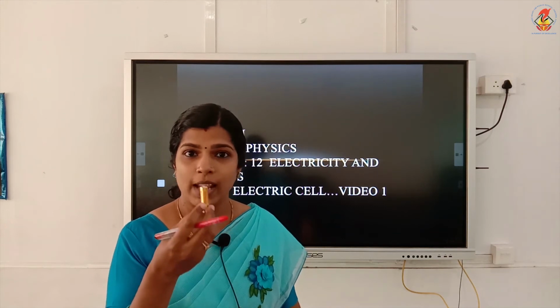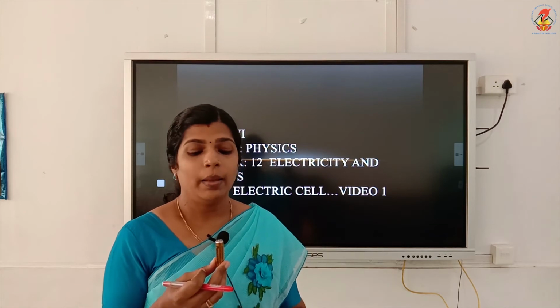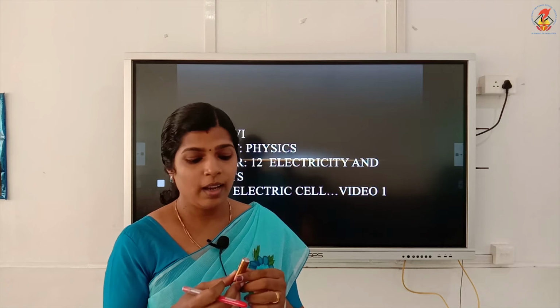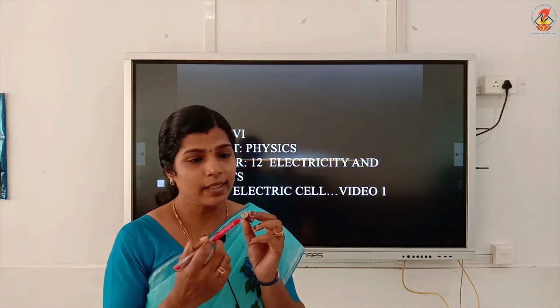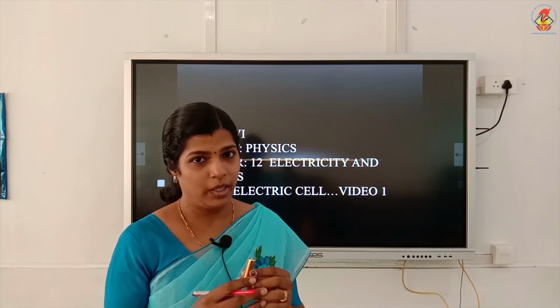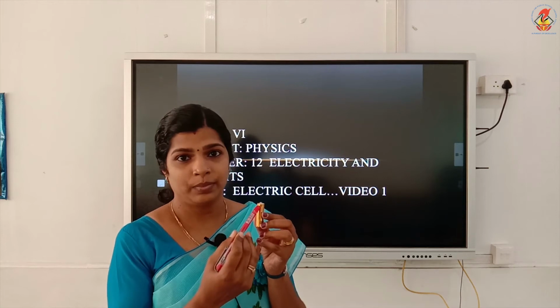So, this one is an electric cell. It has 2 terminals. The metal cap acts as the positive terminal, and the metal disc acts as the negative terminal. Here in this cell it is marked.